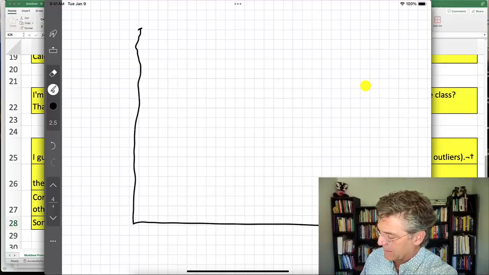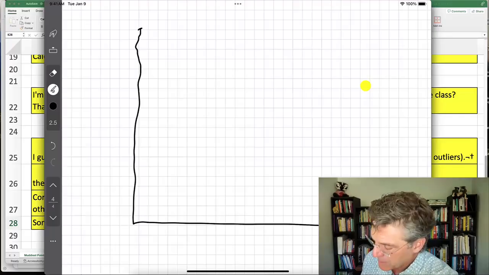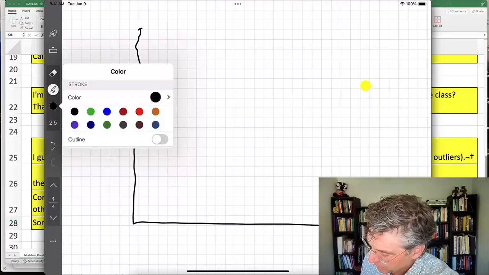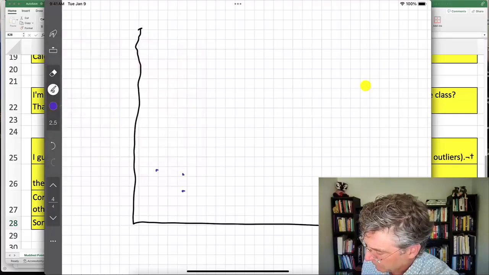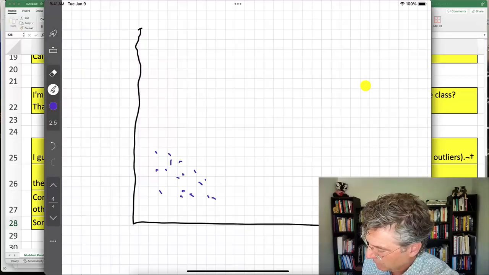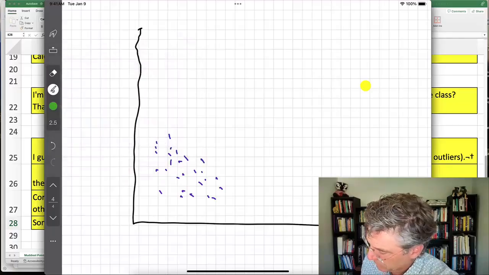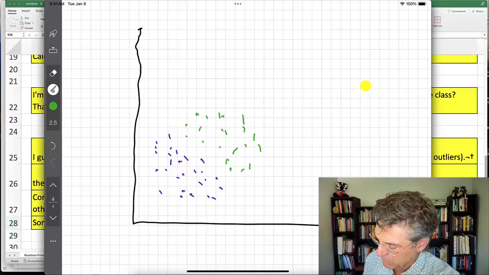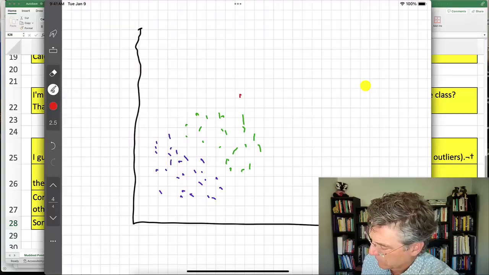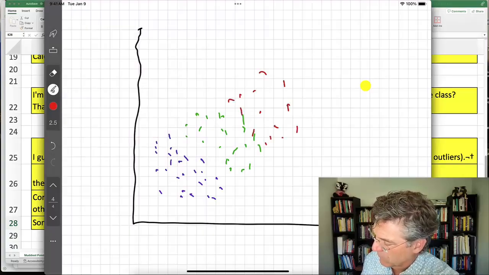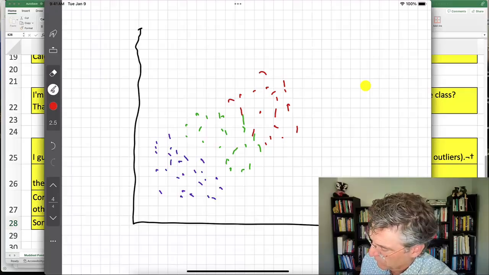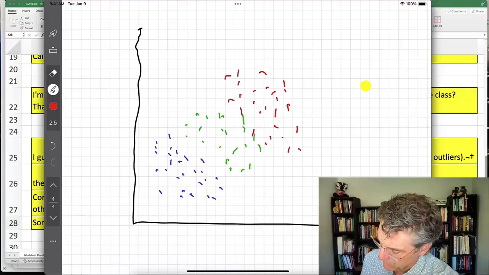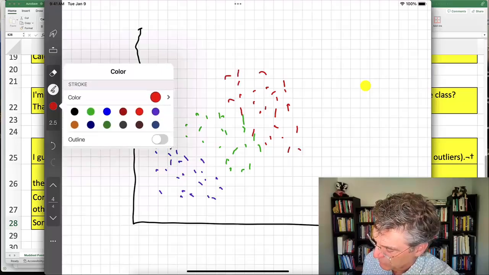You might get data that has a strong positive correlation, but I'm going to separate it into groups here. Color will go orange.